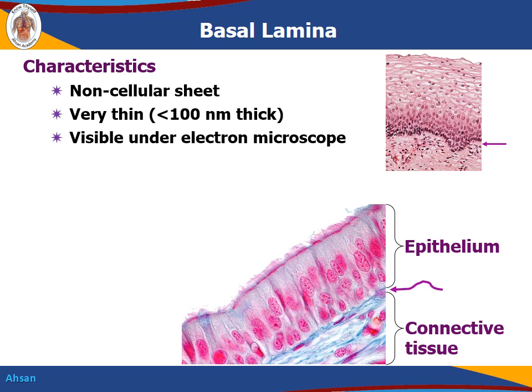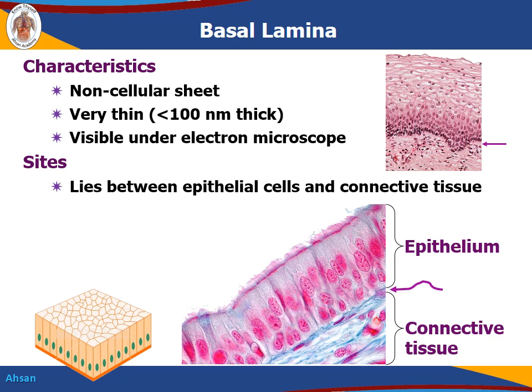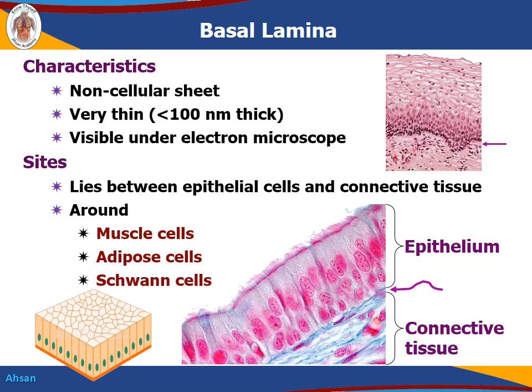If it is a single layer of cells, all the cells rest on the basal lamella. If it is multi-layered, then the basal cell lies on the basal lamella. You can see a three-dimensional photograph on the left side. It lies between the epithelium and connective tissue and around some specialized cells, like around the muscle cells, around the adipose cells, and Schwann cells. These are present in the peripheral part of the nervous system.